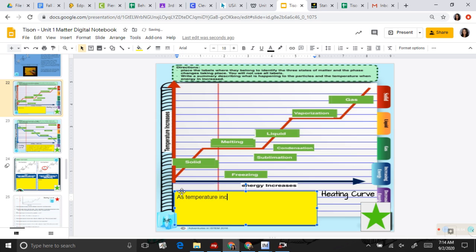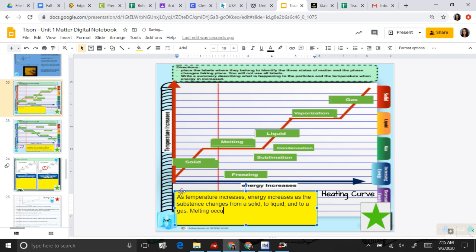At the bottom here, I could say as temperature increases, energy increases as the substance changes from a solid to liquid and to a gas.